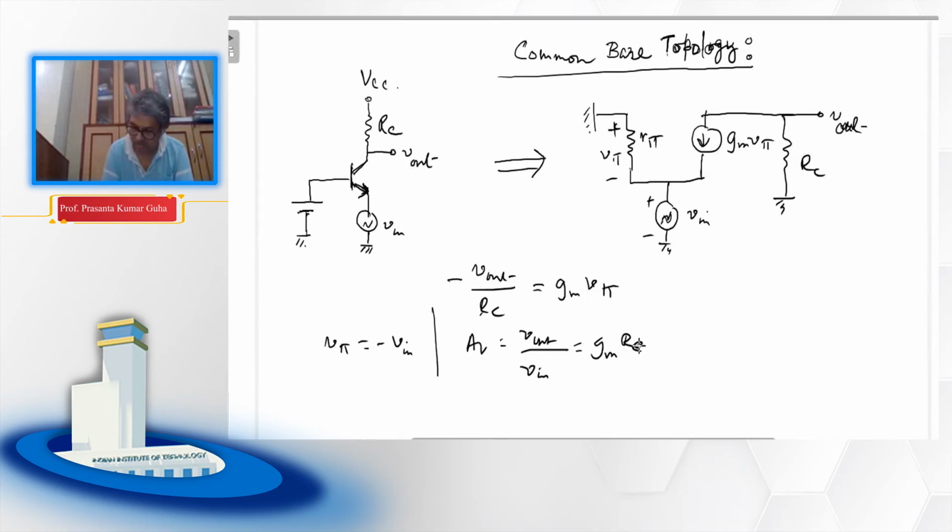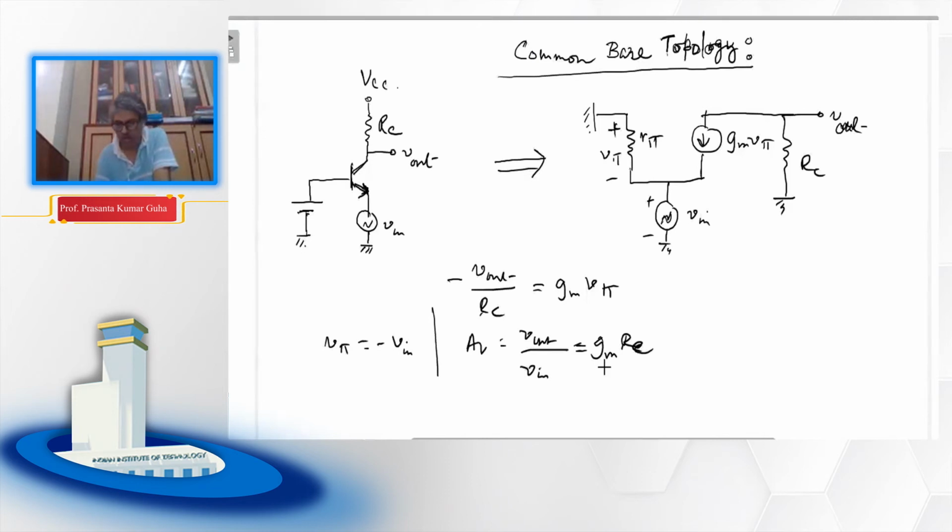The gain is the same as far as common base or common emitter topology is concerned. The only difference is here the signals are in phase, so the gain is positive, whereas in common emitter mode we saw that the signals are 180 degrees out of phase, and there is a negative sign in case of common emitter configuration.